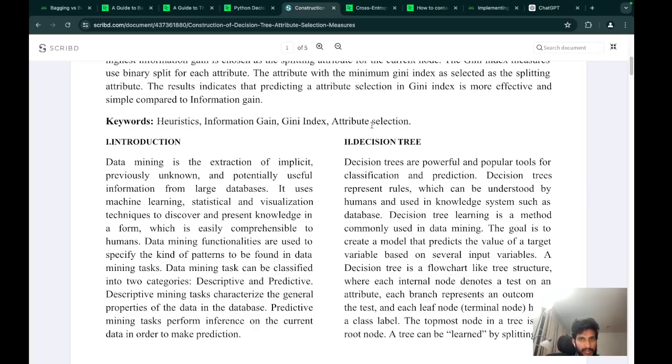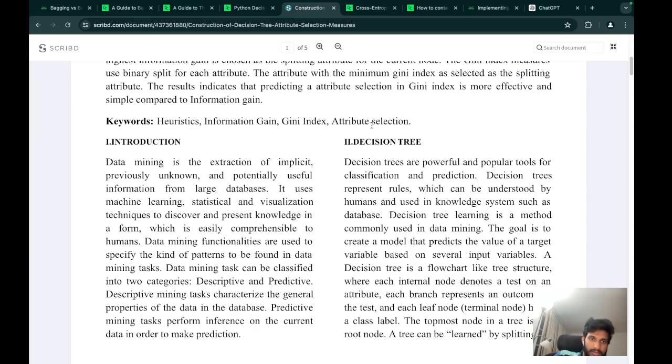Data mining is the extraction of implicit, previously unknown, and potentially useful information from large databases. It uses machine learning, statistical, and visualization techniques to discover and present knowledge in a form which is easily comprehensible to humans. Data mining functionalities are used to specify the kind of data patterns to be found in data mining tasks.